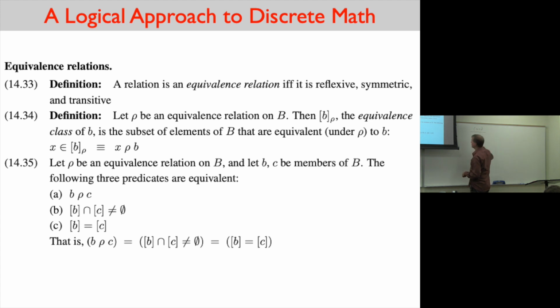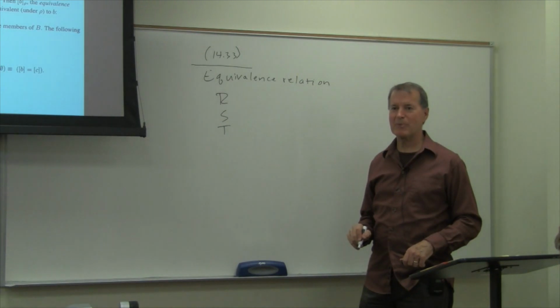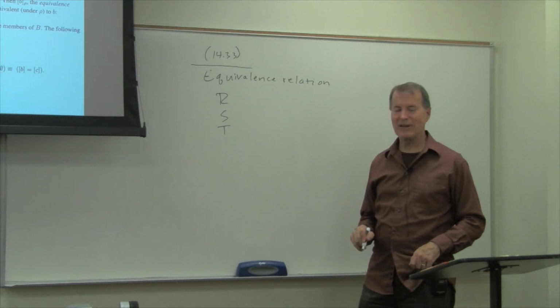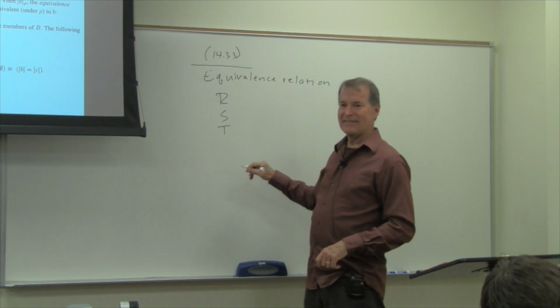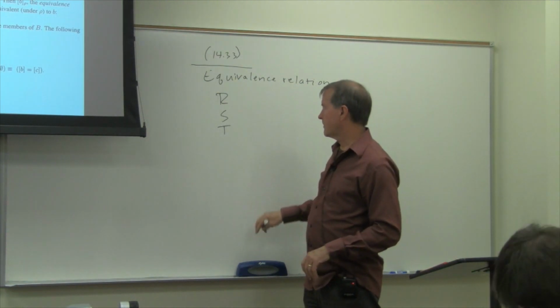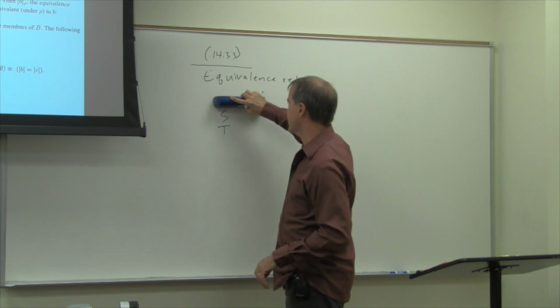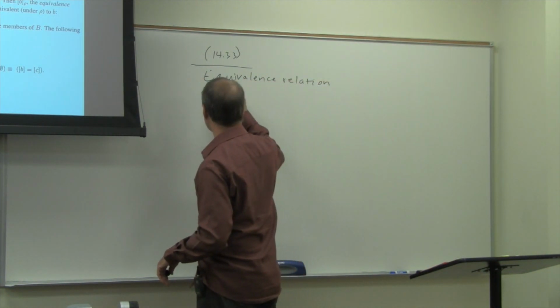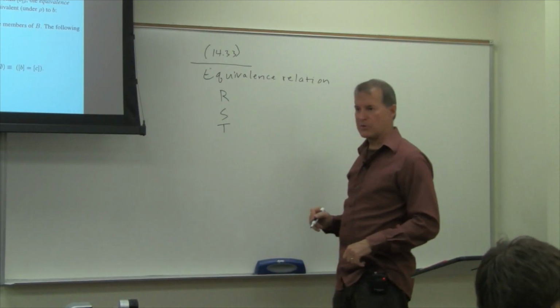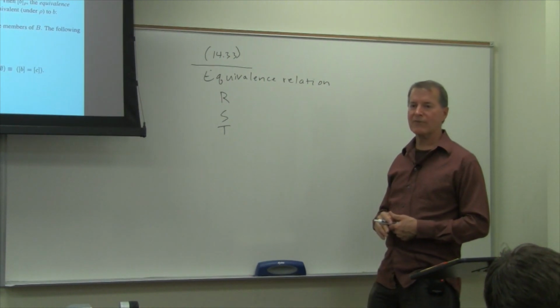What does 14.33 say? It's a definition. Pretty straightforward. If and only if. A relation is an equivalence relation if it has the following three properties. Does this look familiar? RST, remember RIST? We had an extra L for equals, because when we said you can substitute equals for equals, that was one of the properties of equals.